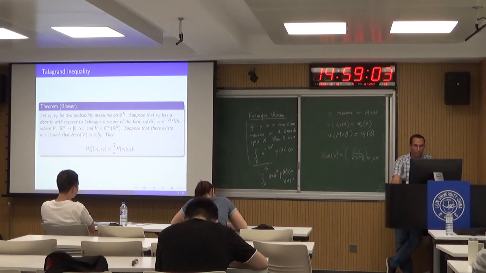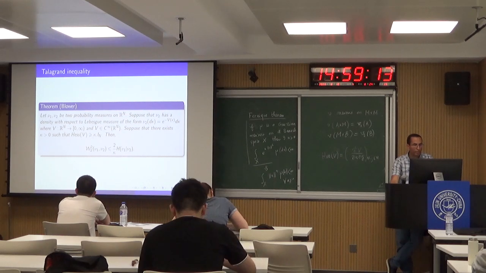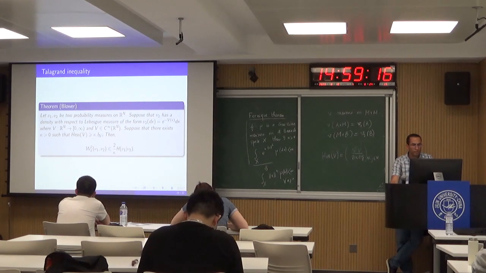Again, maybe I have spoken a little bit about this order between symmetric matrices, right? So greater or equal means that the difference, which is again a symmetric matrix, should have positive eigenvalues. Okay?